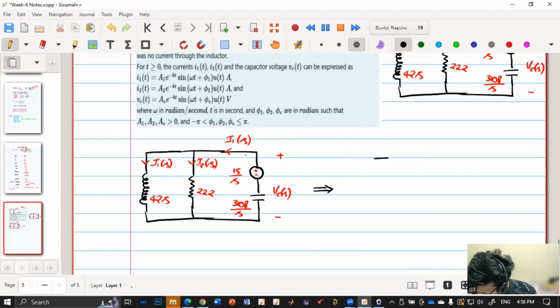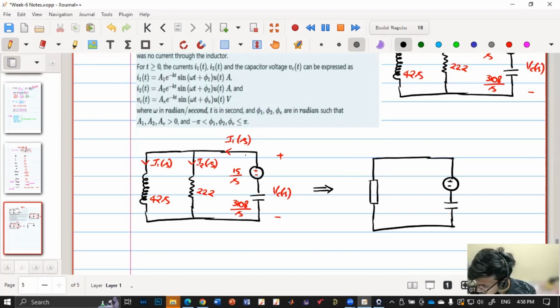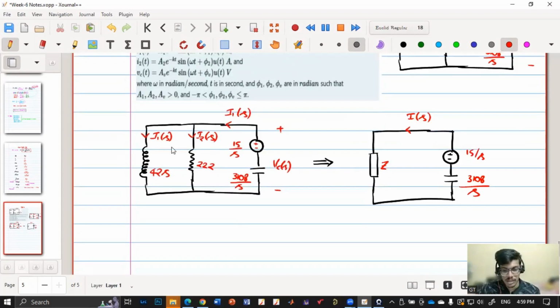So I am saying I'll replace this by an impedance with a voltage source, plus minus, followed by the capacitance. Now this is I of S, this is some impedance Z, this is 15 by S and this is 3108 by S. Now voltage is current multiplied by the total impedance.